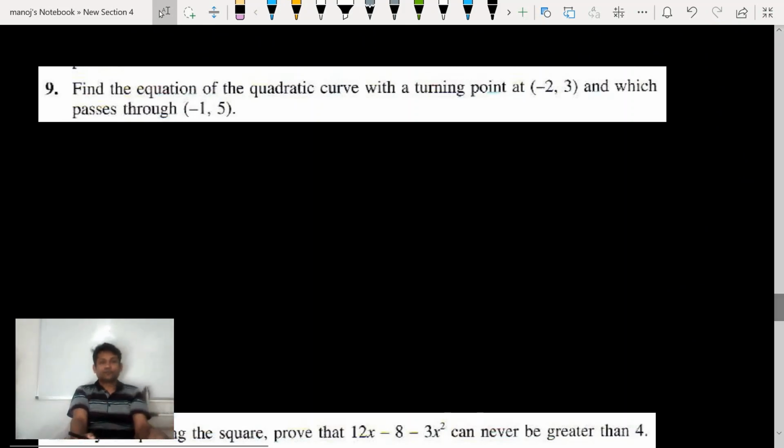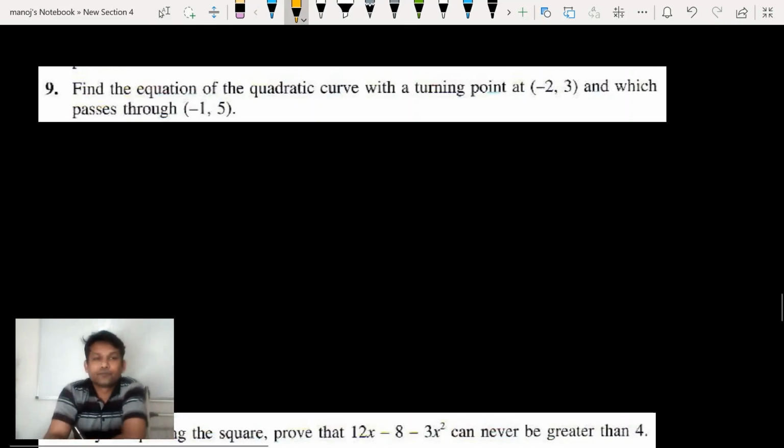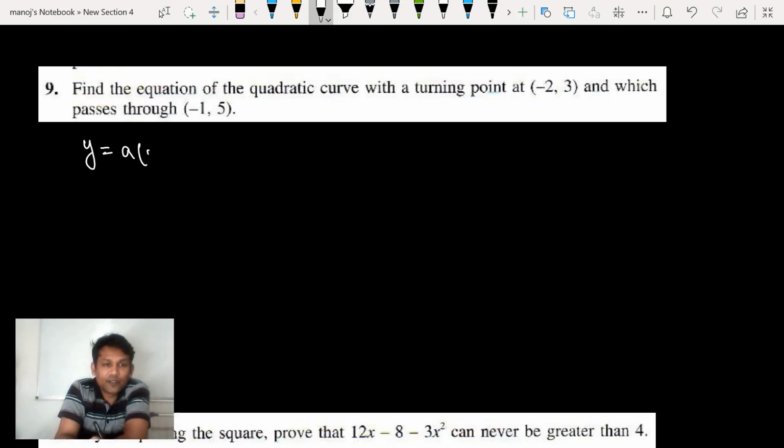Question number 9. In question number 9, the equation of the curve with this turning point, and which passes through this point. The normal equation is y is equal to a times x minus h whole square plus k. I can substitute all the values. This is x and y, 5 and minus 1. This is h and k.